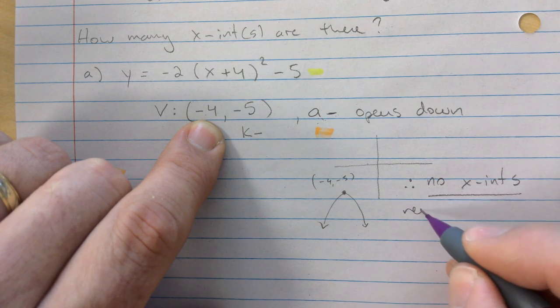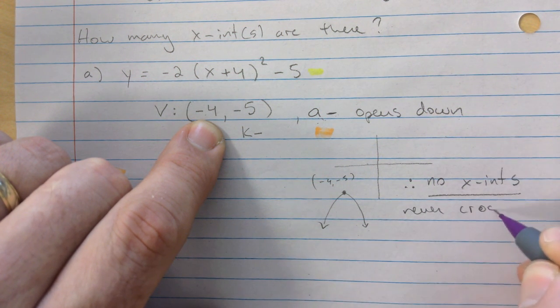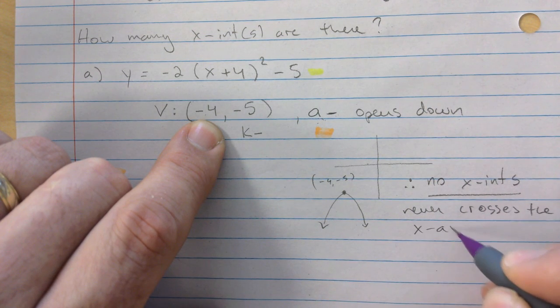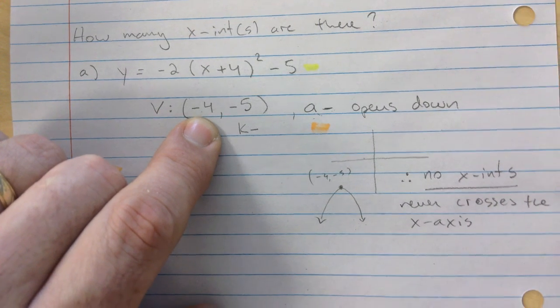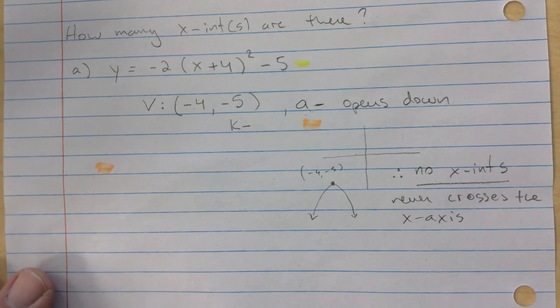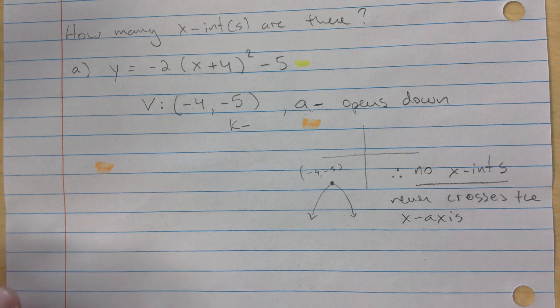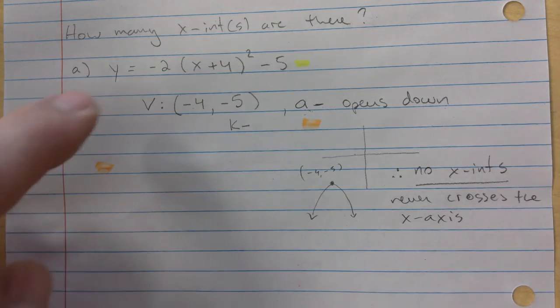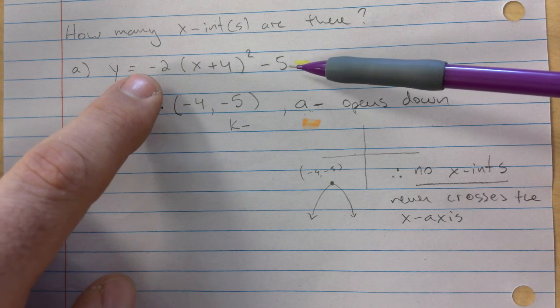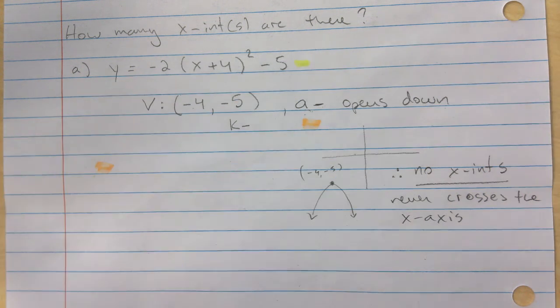Never crosses the x-axis. It never does. So just by looking at A and K, we can determine right away how many x-intercepts there are.